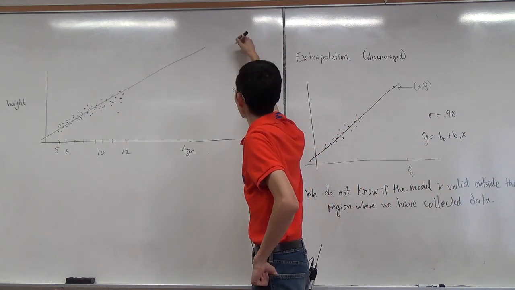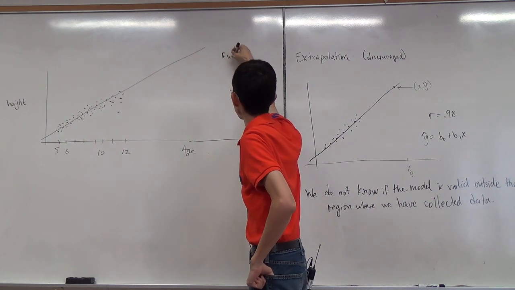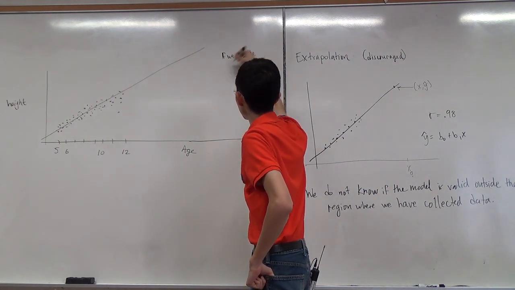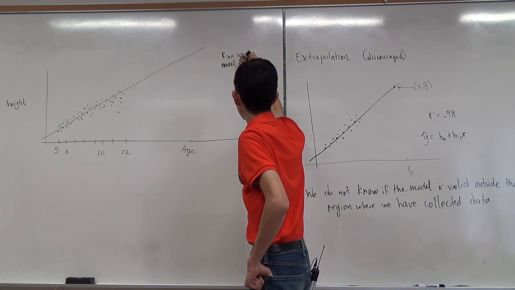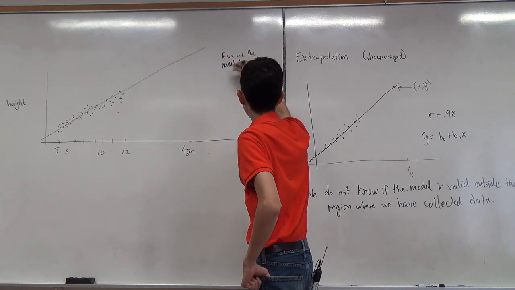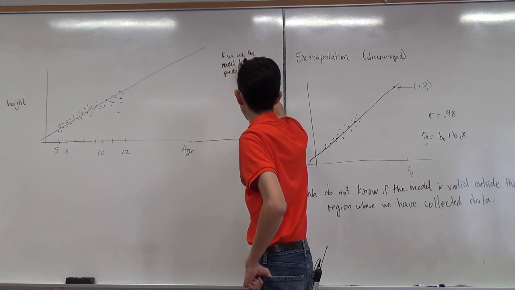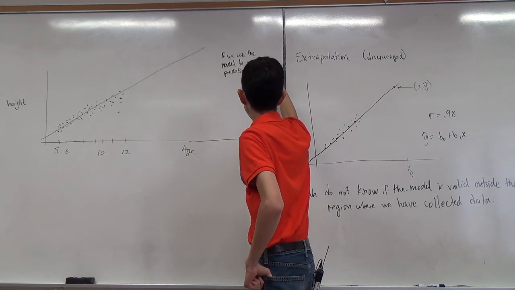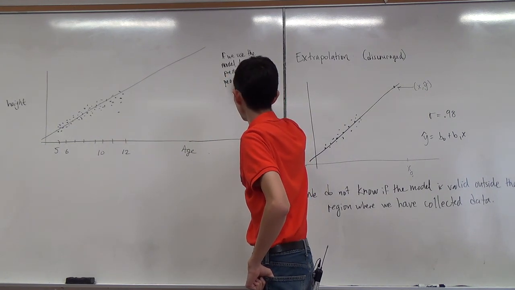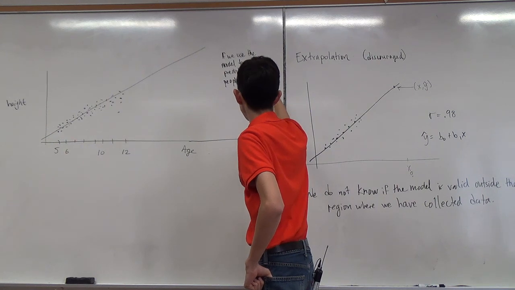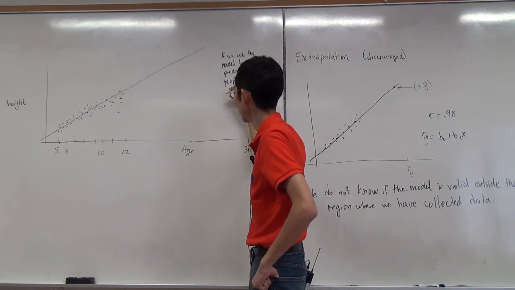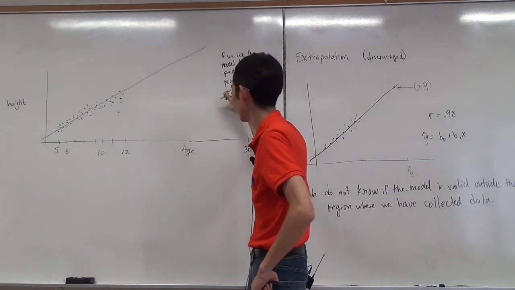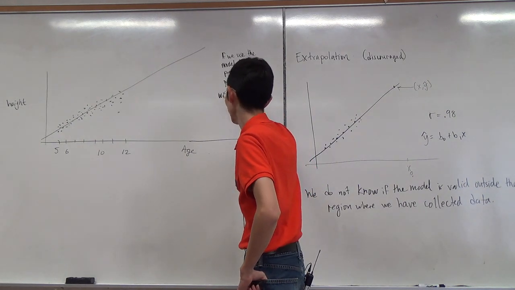So if we use the model to make predictions for people aged 30, we would predict something like 8 feet tall or whatever it would be.